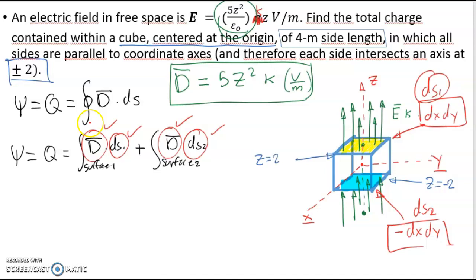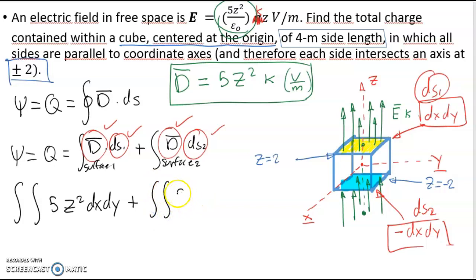So the first one is going to be a surface integration, that means a double integration of D, which equals 5z squared, dS1, which is dx dy, plus a double integration of 5z squared of the surface 2, which is minus dx dy.